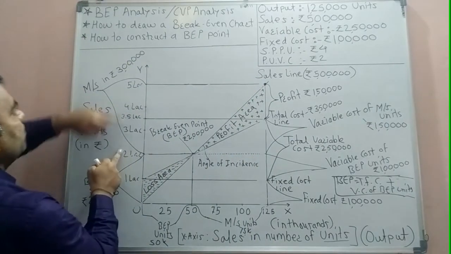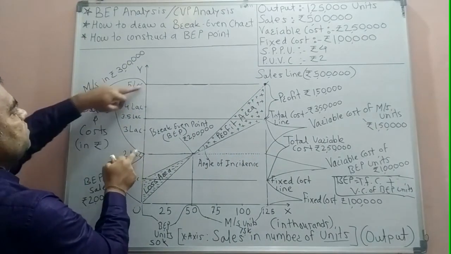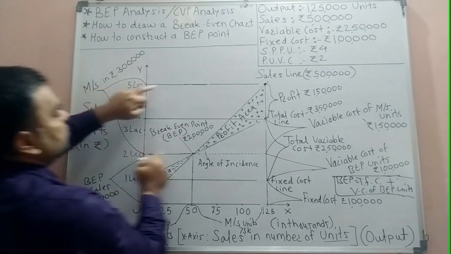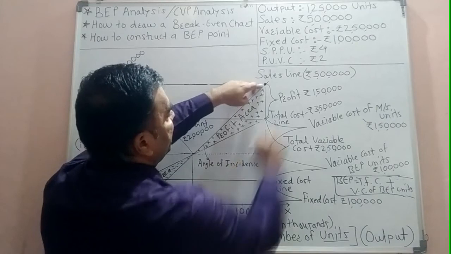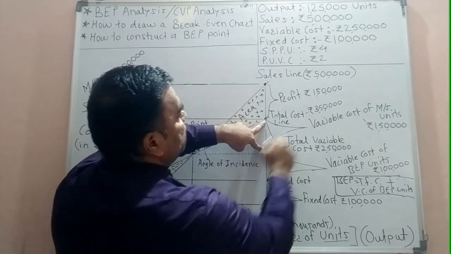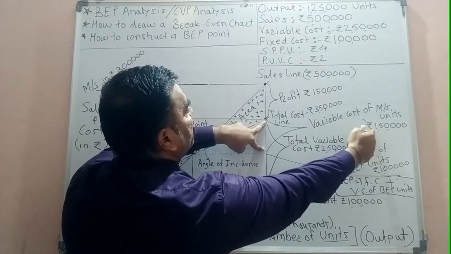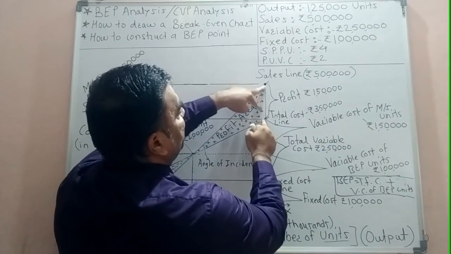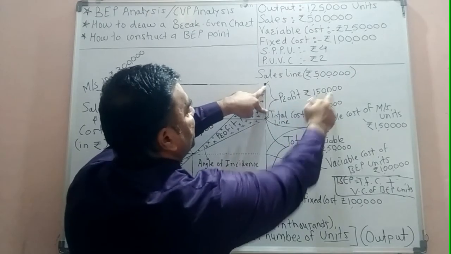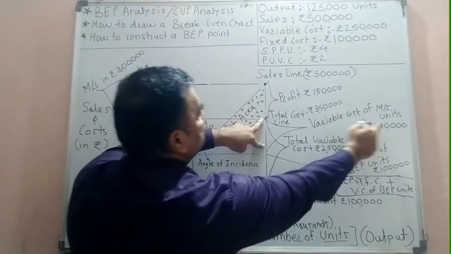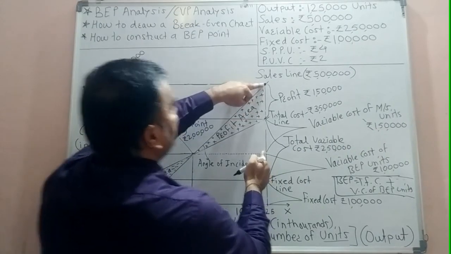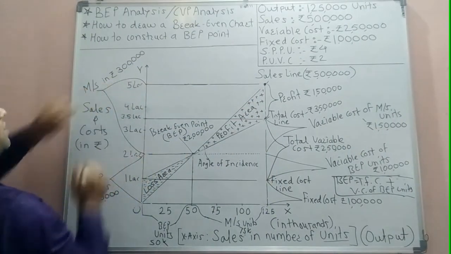You can see 2 lakh to 5 lakh is your margin of safety, which is 3 lakh. This portion of 3 lakh is divided into two parts. The first part is variable cost of margin of safety units, 1 lakh 50,000. The second part is profit, 1 lakh 50,000. Profit 1 lakh 50,000 plus variable cost of margin of safety units 1 lakh 50,000, then 3 lakh is your margin of safety.